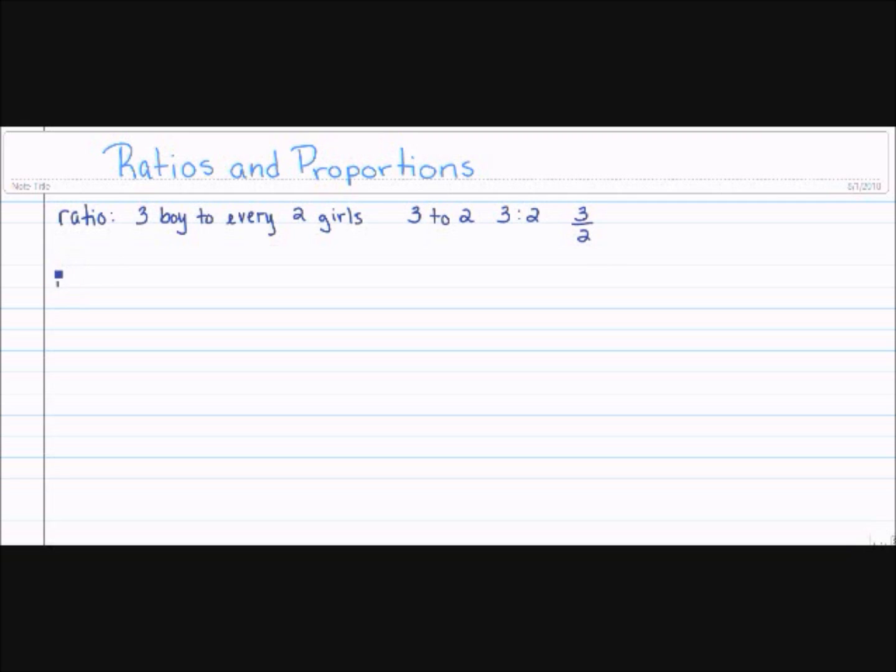A proportion is 2 ratios that equal one another.